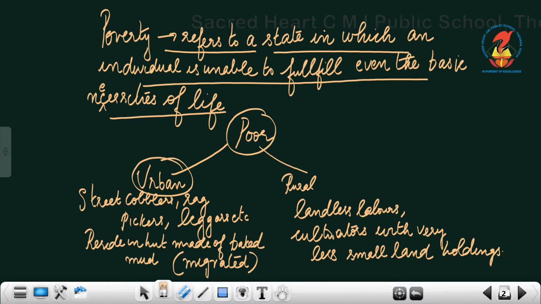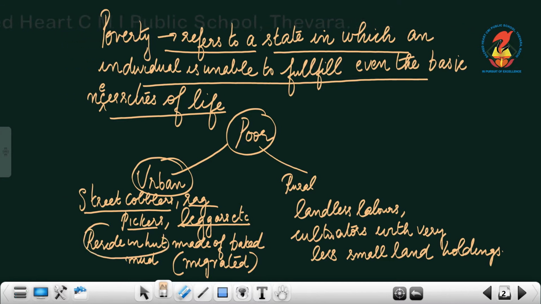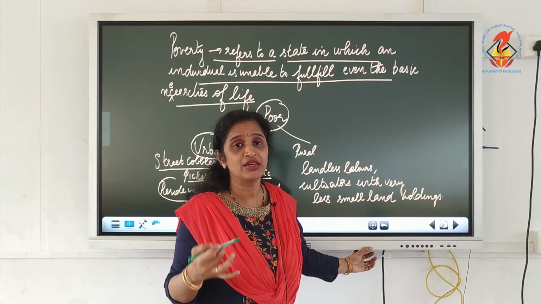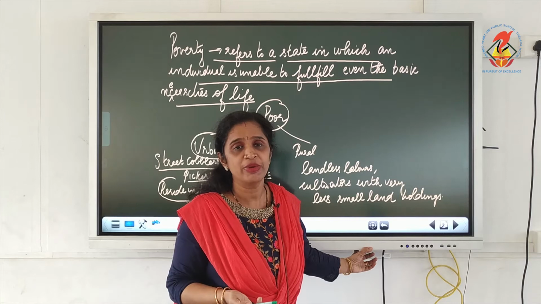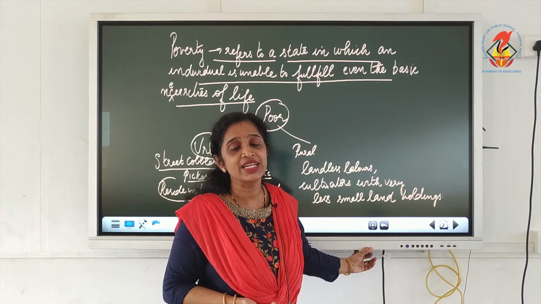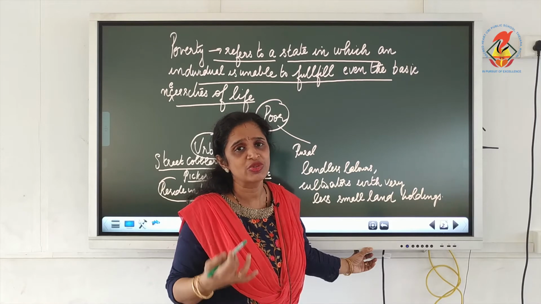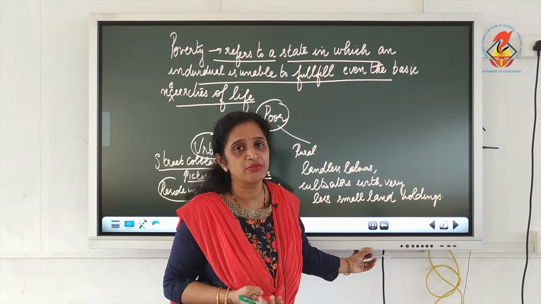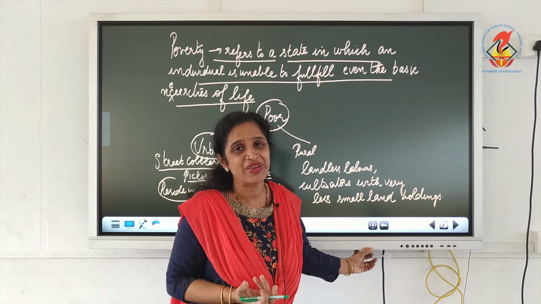In urban areas, the poor people are mainly street cobblers, rag pickers, beggars, etc. They reside in huts made of baked mud, and these are normally people who have migrated from the rural areas to the urban areas in search of jobs. So the majority of the poor people living in urban areas are those who migrated from rural areas. They are mostly rag pickers, they live in houses made up of baked mud, and they lack all the basic facilities.